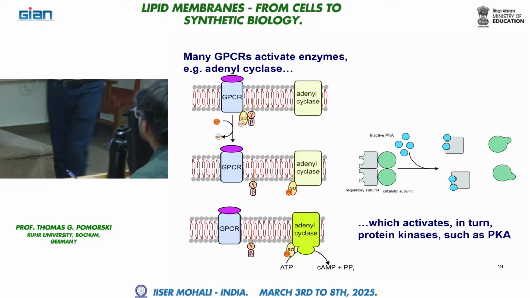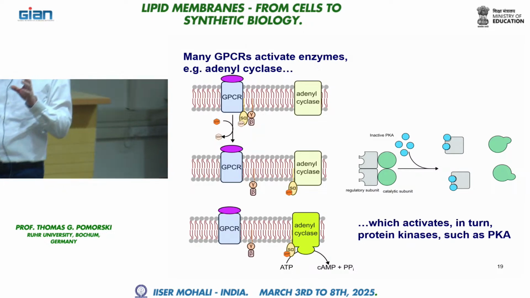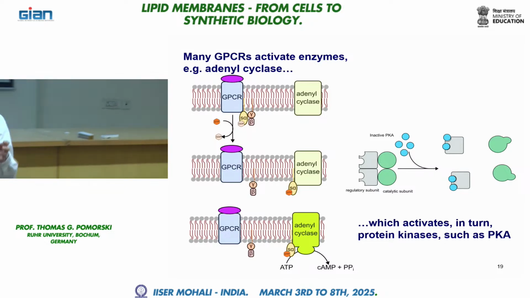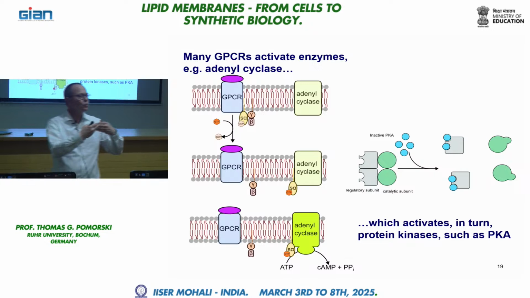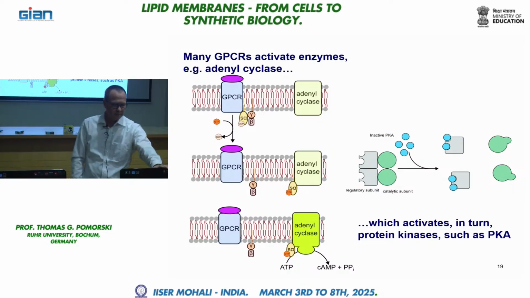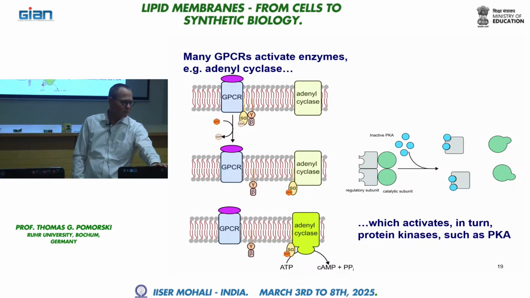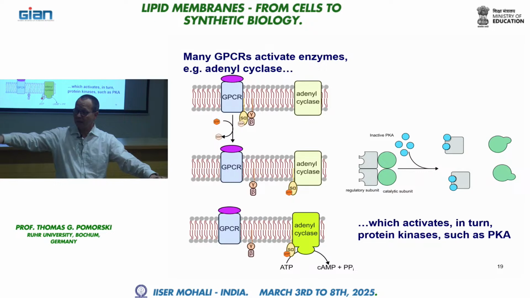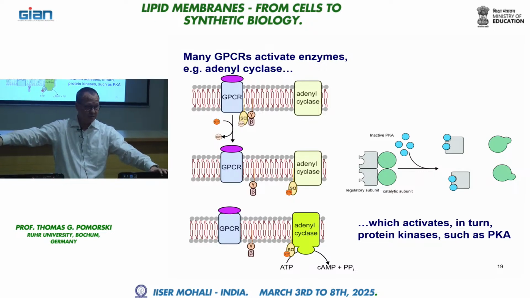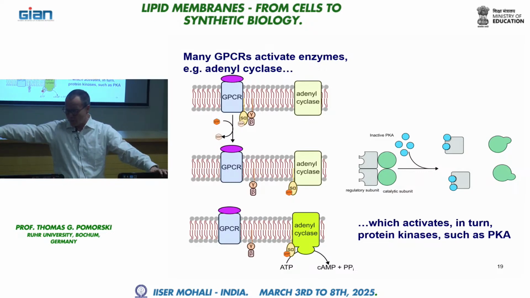Let's say you would have here a regulatory subunit, 2 binding sites, regulatory subunit. The cells produce 1 cyclic AMP, nothing happens. Now the next cyclic AMP is produced, still nothing happens. Now the next cyclic AMP is produced, nothing happens. Only when the 4th cyclic AMP, then you get activation.